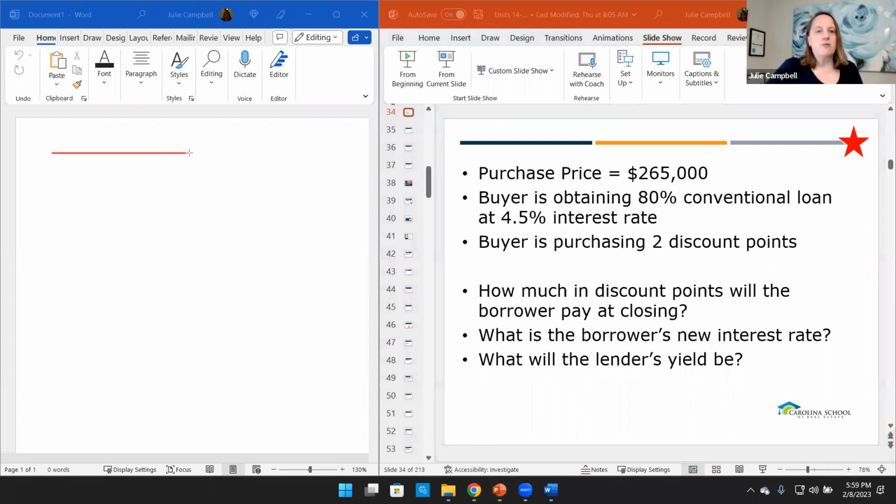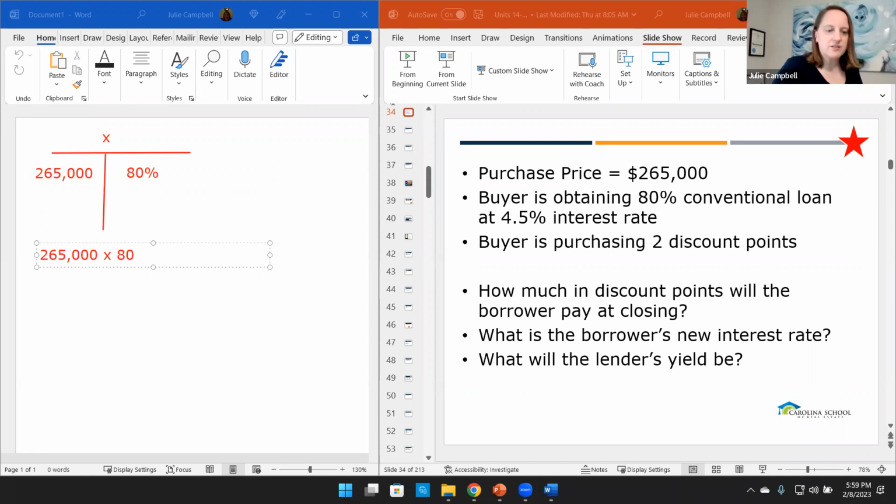So when we find the loan amount, we use our loan to value ratio. My value is the purchase price or appraised amount, whichever's less. If they don't give me both, then we work with what we got. The lender's ratio is 80%. So up down line means multiply.